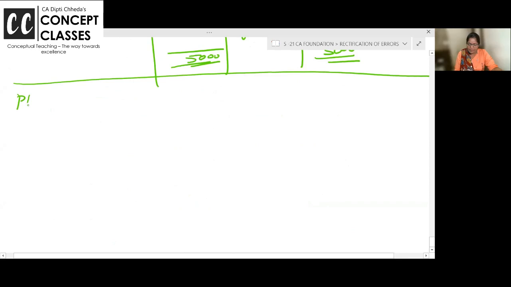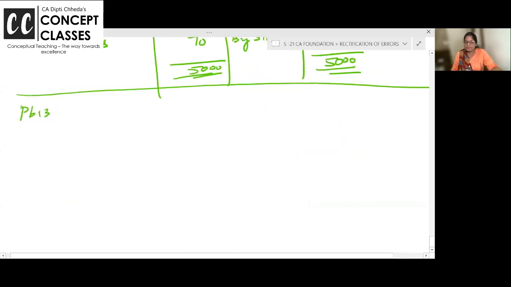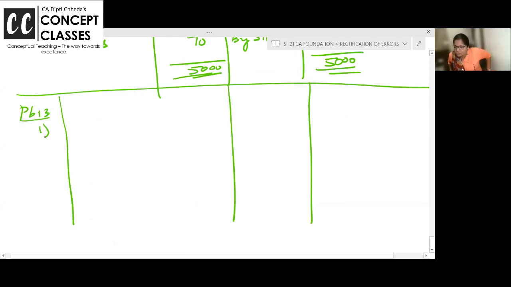Okay, problem number 13. Following errors affecting the account were detected in the books. Let me make the columns: date, particulars, debit and credit. First entry. This time they have not asked you to prepare the suspense account, so we will not make it.